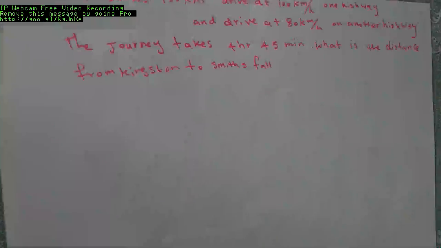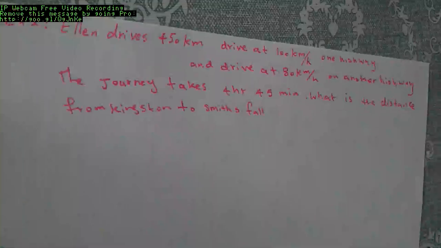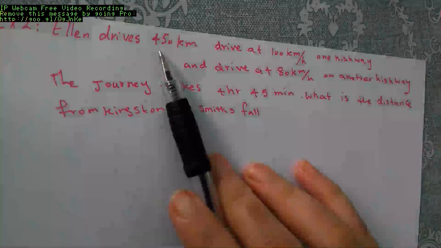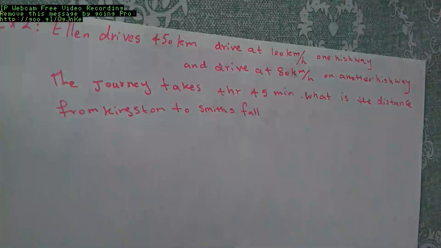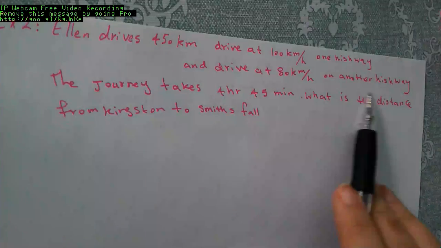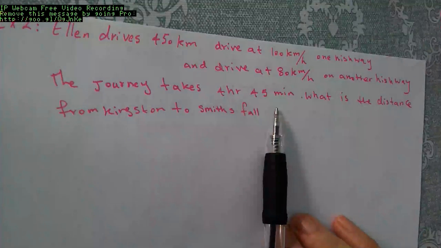Okay, let's just do the next example. Example 2. Elena was driving 450 kilometers, at 100 kilometers per hour on one highway and 80 kilometers per hour on another highway. The journey takes 4 hours 45 minutes.